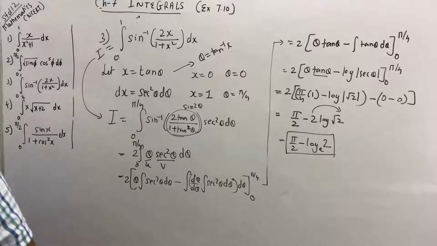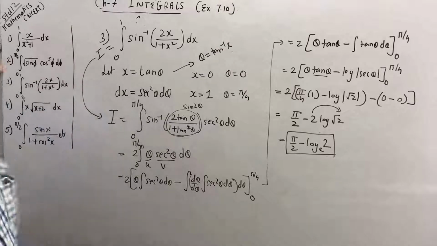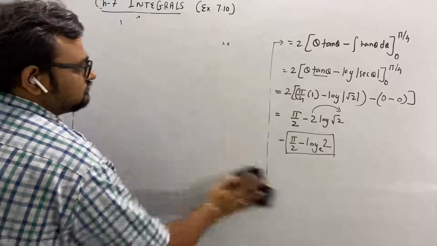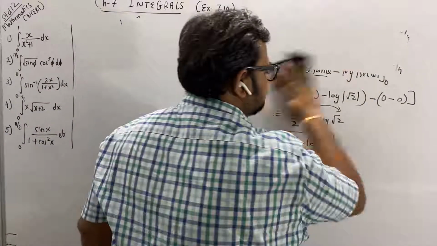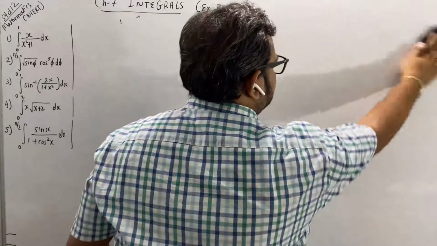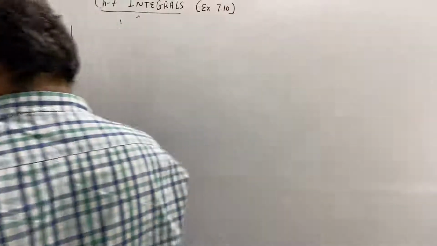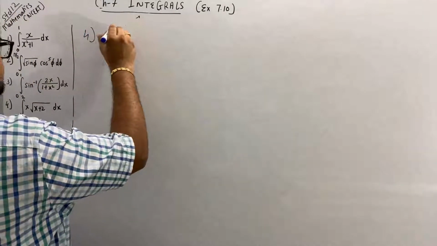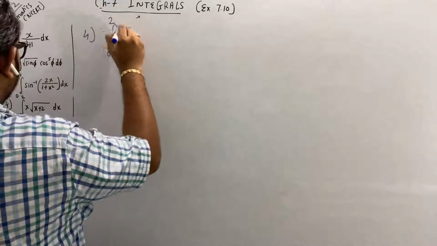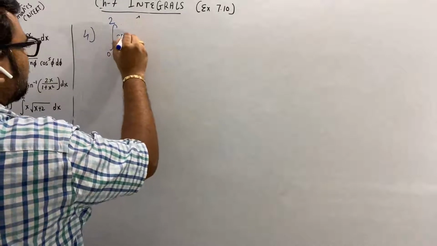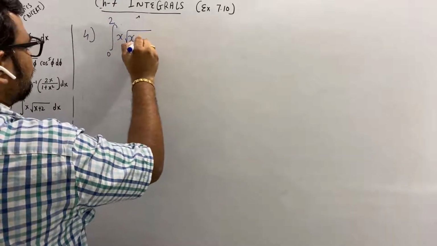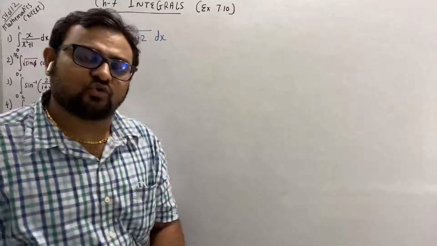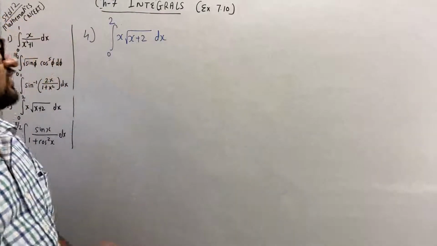Okay, now let's move to the next question, that is question number 4. It's 0 to 2, x square root of x plus 2 dx.